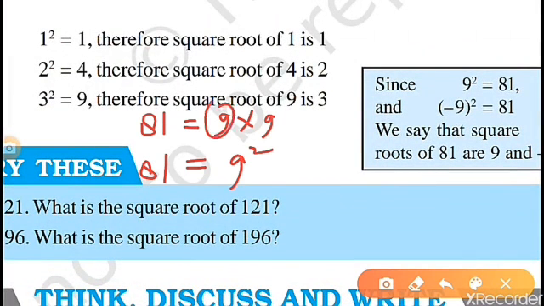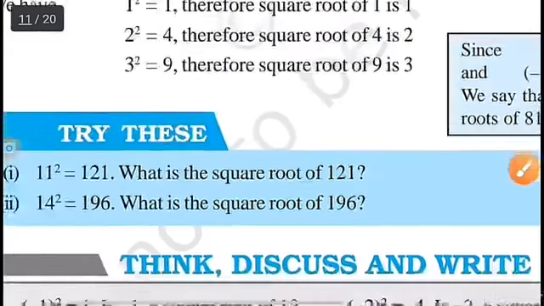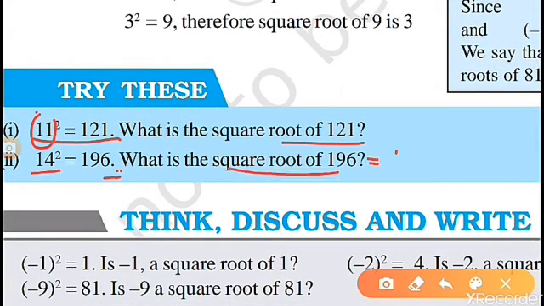So this 9 is the square root of 81. Now try this. 11 square is 121, so 11 is the square root of 121. Similarly, 14 square is 196, so 14 is the square root of 196. So 14 and 11 are the square roots of 196 and 121 respectively.